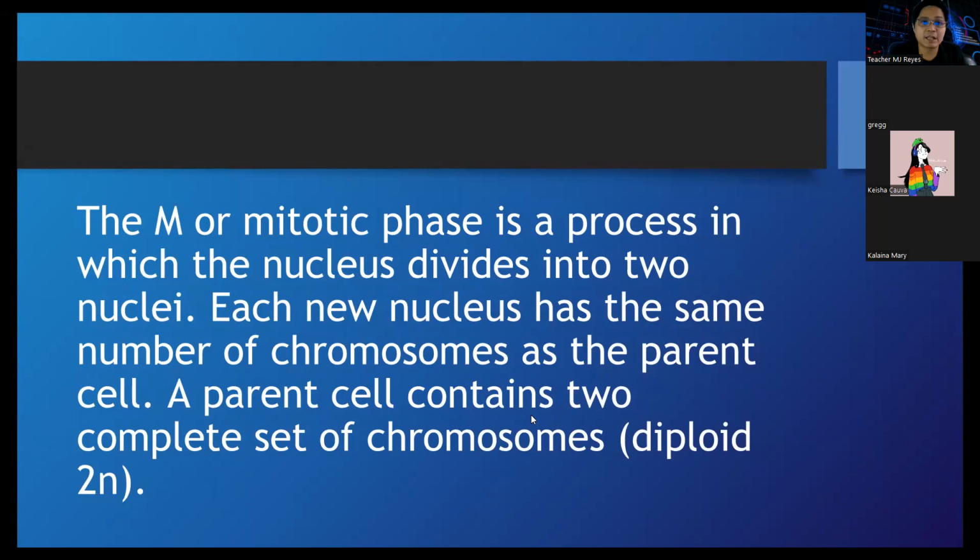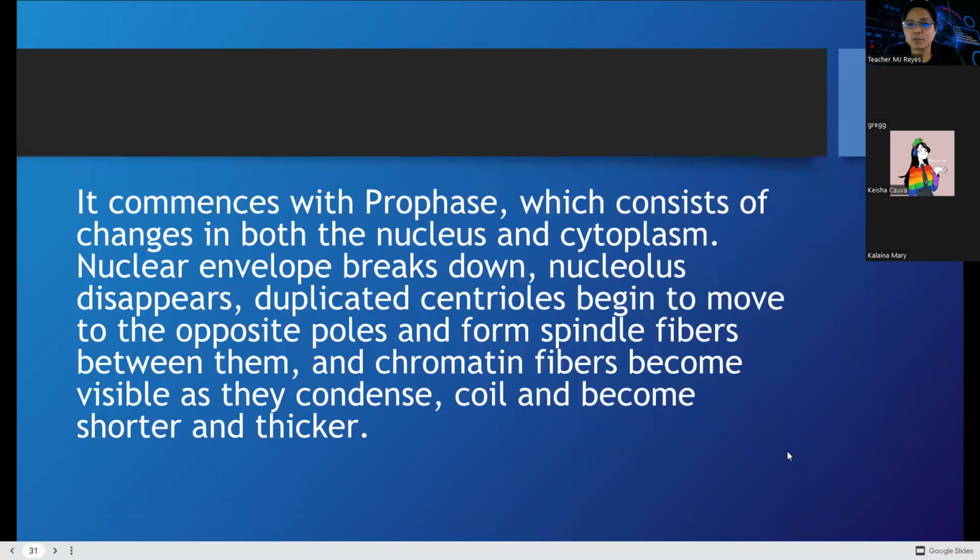It commences with prophase, which consists of stages for both nucleus and cytoplasm. The nuclear envelope breaks down and the nucleolus disappears. The duplicated centrioles begin to move to opposite poles and form spindle fibers between them, and the chromatin fibers become visible as they condense, coil, and become shorter and thicker.